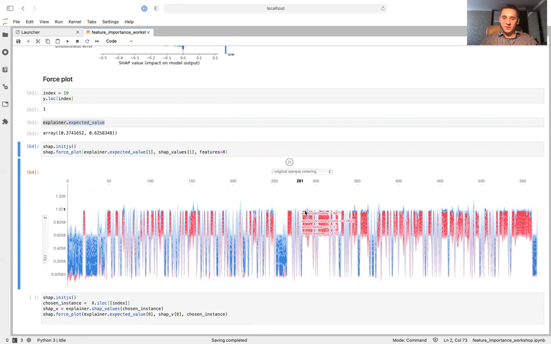But let's say, for example, here, the output value of our function was 1. So we have predicted with a very high probability that the value of label is 1, and worst perimeter, worst concave points, and worst radius features were responsible for that kind of prediction.